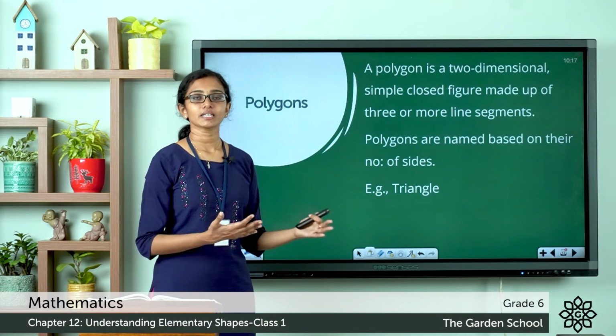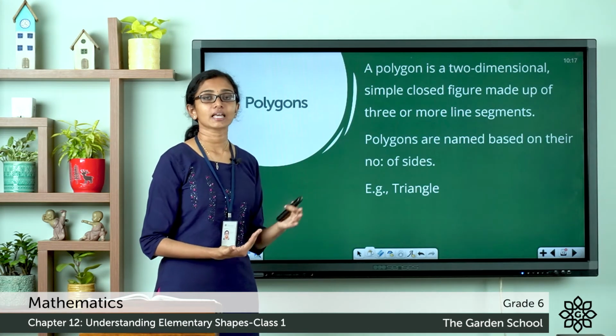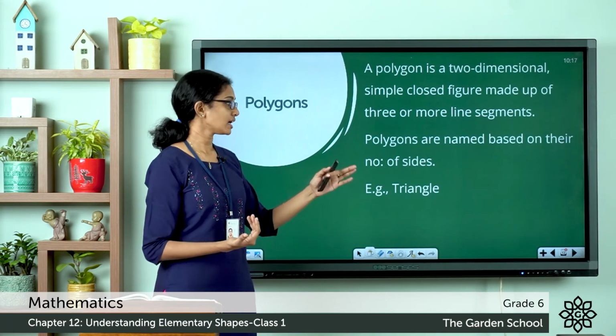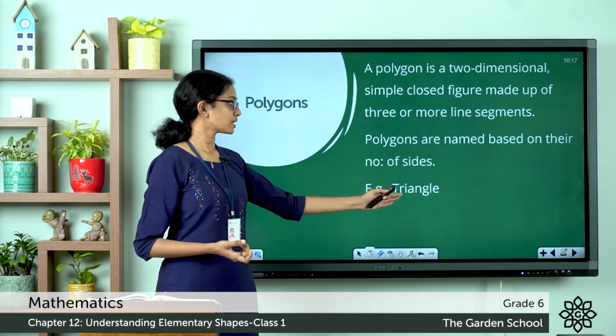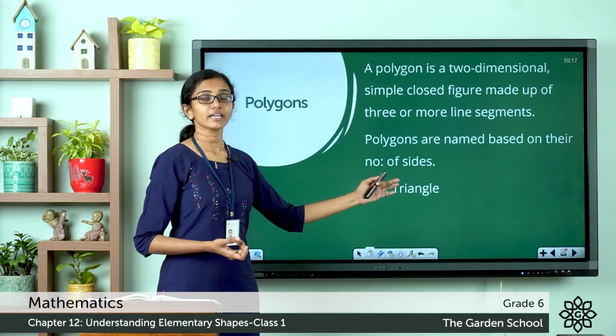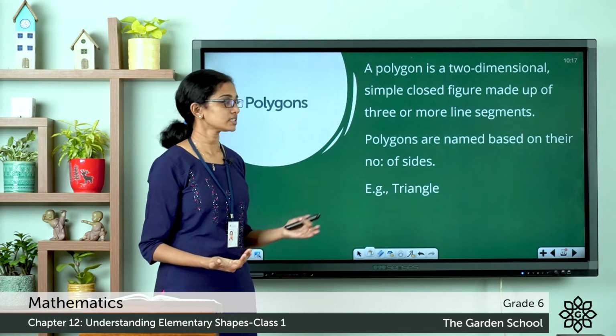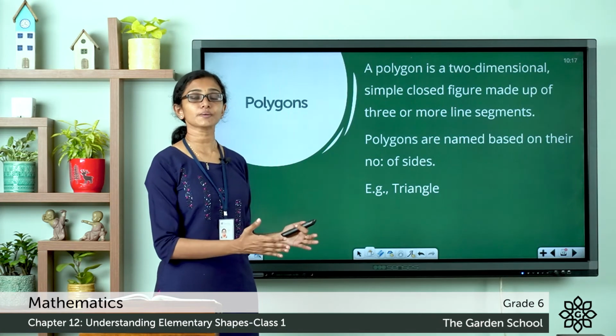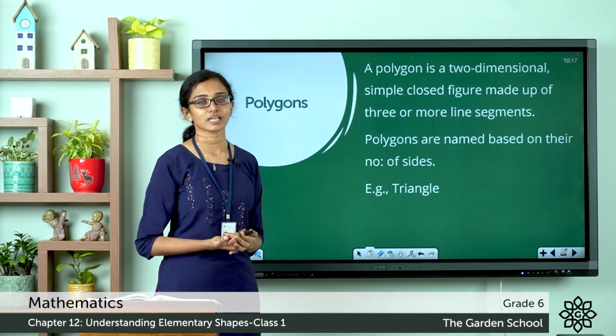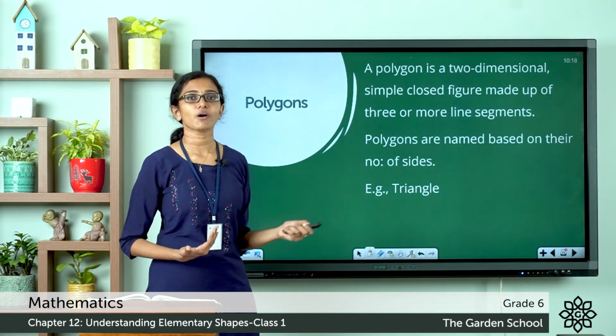We name a polygon usually based on the number of sides they have. For example, a triangle has 3 sides. The first 3 letters of the word triangle, tri, mean 3. Hence, a triangle is a polygon which has 3 sides, and it is the polygon with the least number of sides.